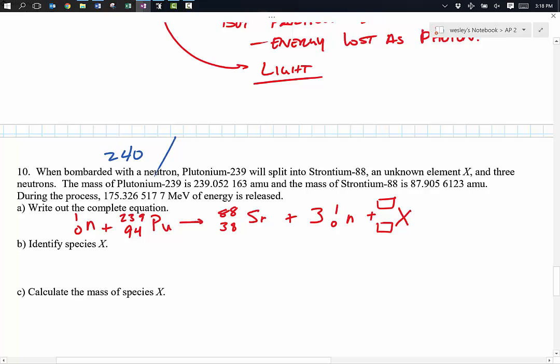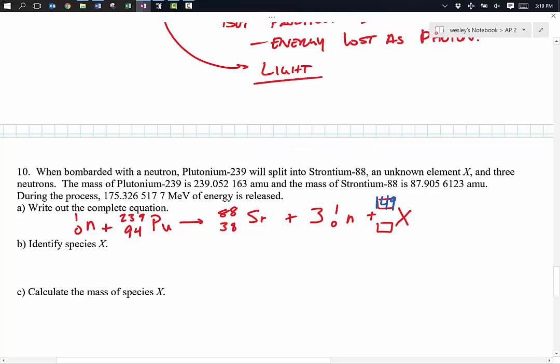On this side we have 88 plus 3 plus X. All that has to equal 240. So 240 minus 88 minus 3 gives me 149. That's the first thing. That's just from the total number of nucleons.